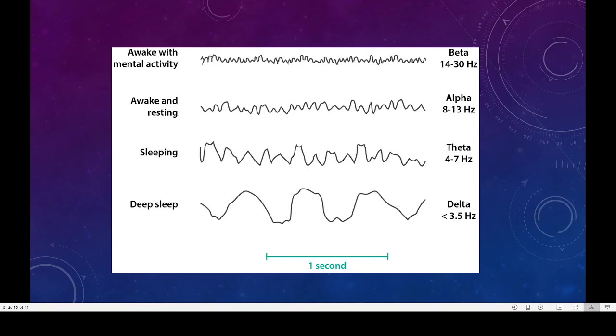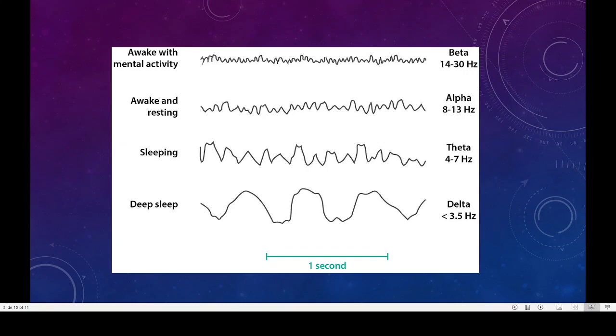Then another type of waves is known as theta waves, and that also occurs during sleep. Here you can see these are theta waves. Theta waves are the second type of waves, and they are produced during sleep, but not in a very deep sleep. In a deep sleep, we basically see delta waves. In a normal sleep, we find basically theta waves.